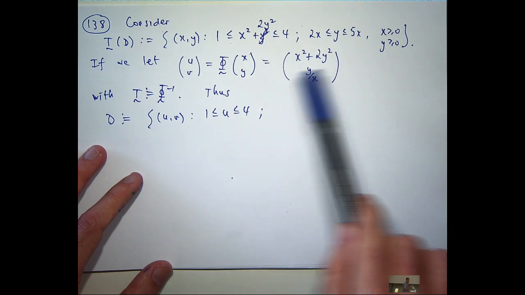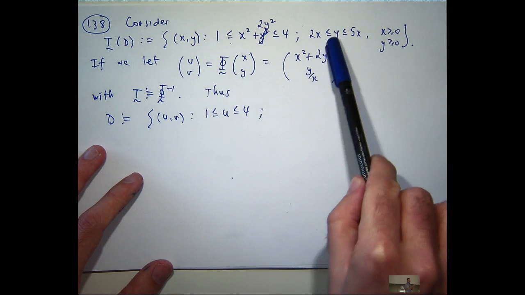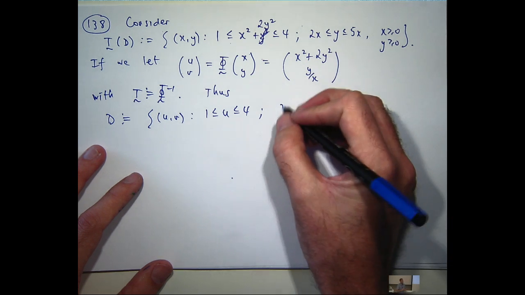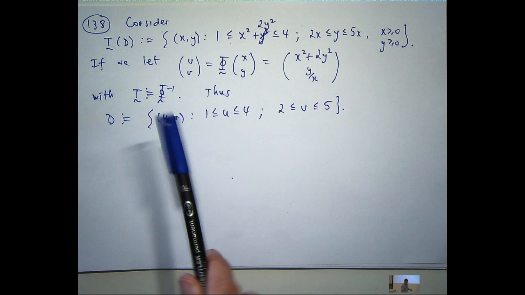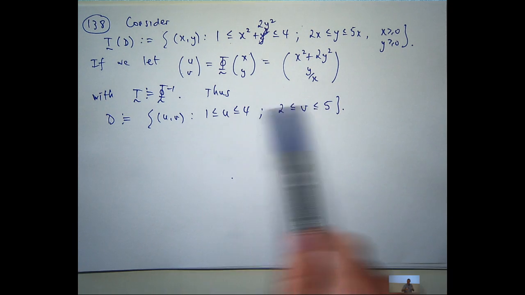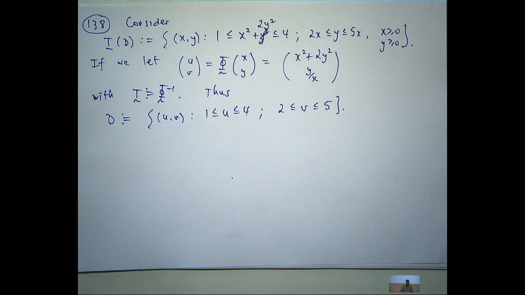And if v equals y on x, then I can change these around and I'm going to get v between 2 and 5. Now that's just a filled rectangle. So we like working with those because they're simple to integrate over and they're simple to draw. So in the uv plane, our set D is just a filled rectangle, which is nice.